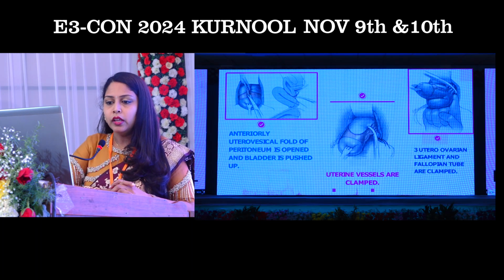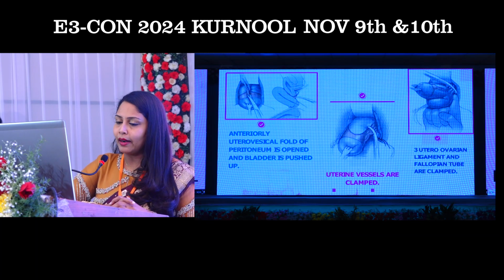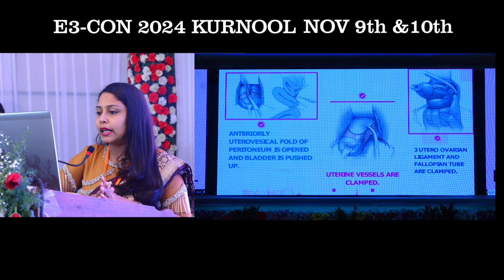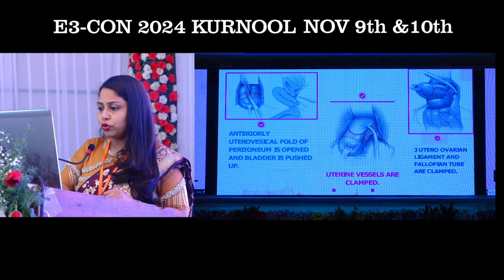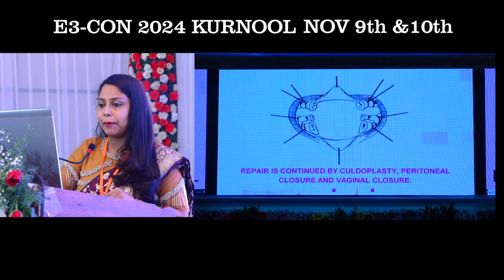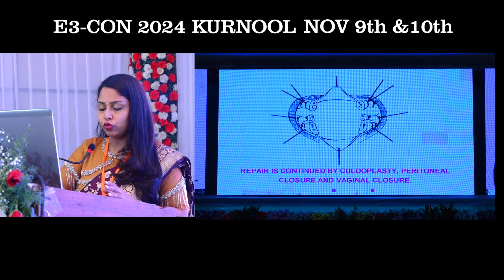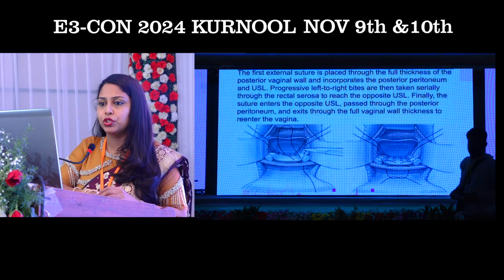These are the pictures. Anteriorly, the uterovesical fold of peritoneum is opened and the bladder is pushed up. Uterine vessels are clamped. The utero-ovarian ligament is identified and the fallopian tube is also clamped. Repair is continued by doing culdoplasty, peritoneal closure and vaginal closure.